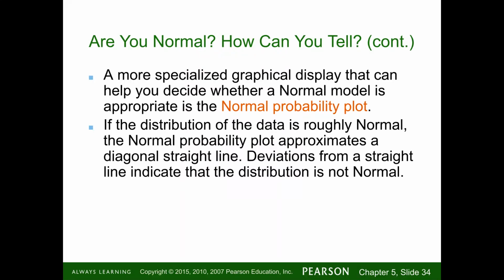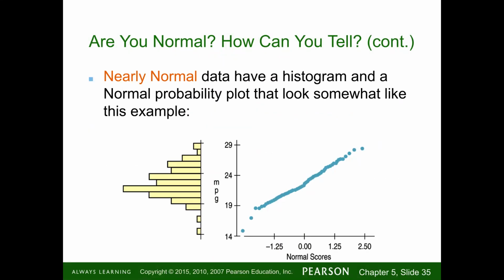A more specialized graphical display is a normal probability plot. If it's roughly normal, a normal probability plot approximates a diagonal straight line. And we'll go through that. That's something I have to teach you, but we won't get into it today. But basically, here's some data.